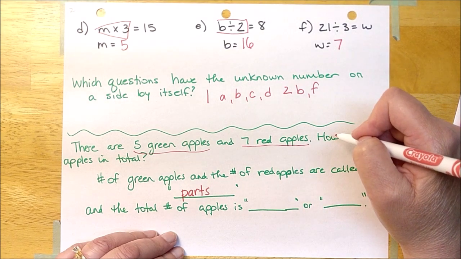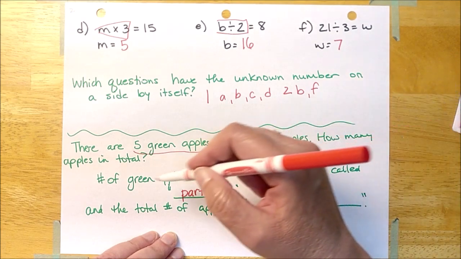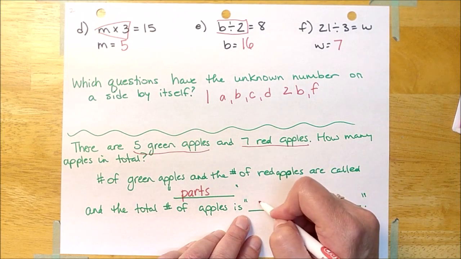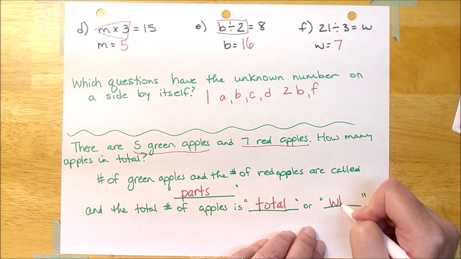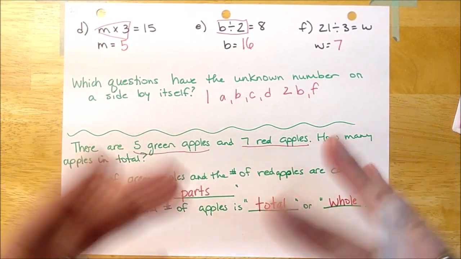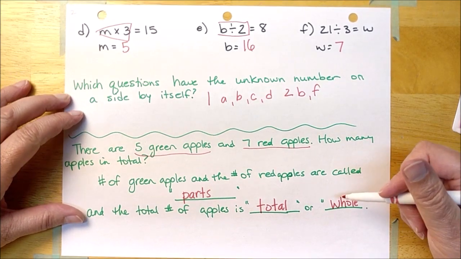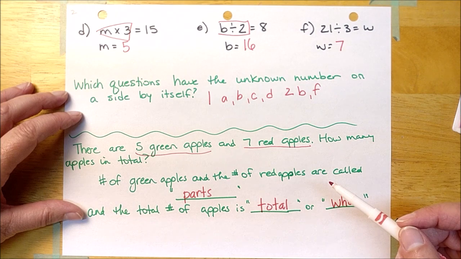And the question, the total number of apples, would be called the total. Or what is the whole? How many in the whole group of apples is there? So what is the total of the apples? These are really important words that we're going to do a lot of work with today.